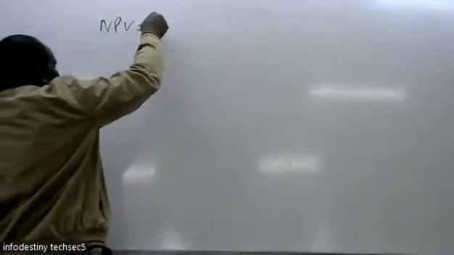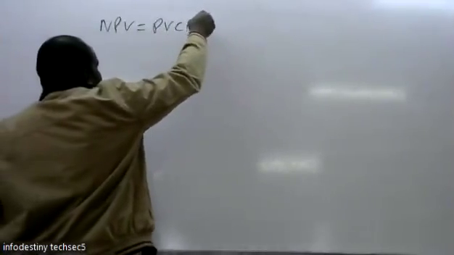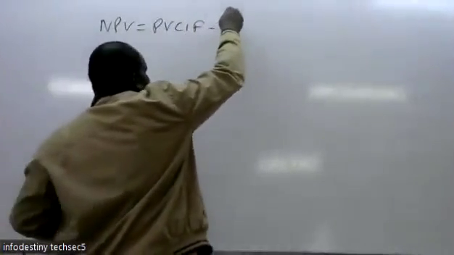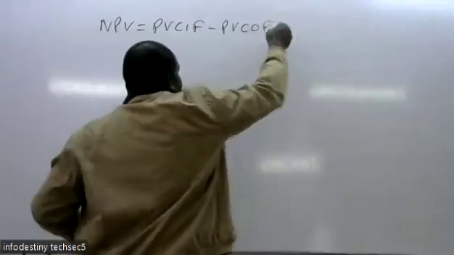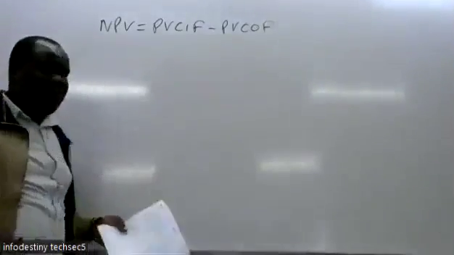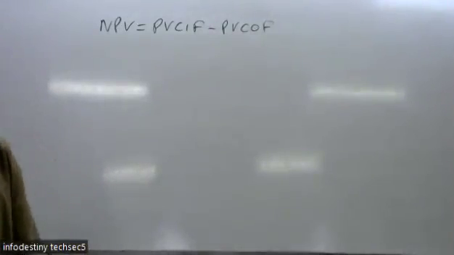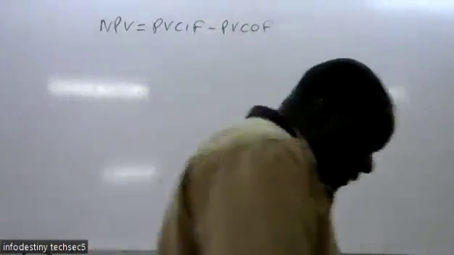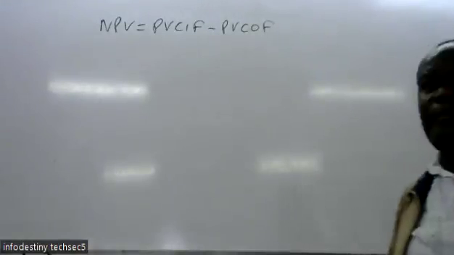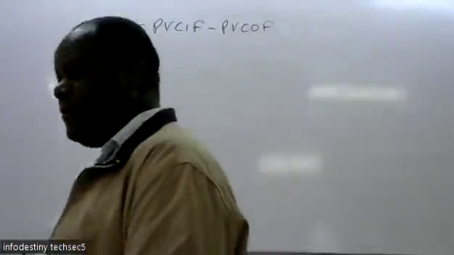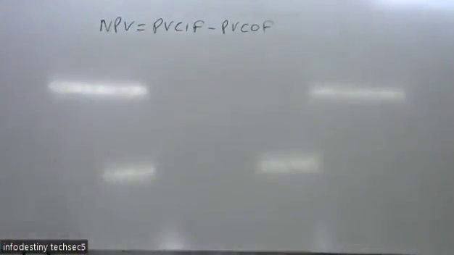So NPV is given by the present value of the cash inflows minus the present value of the cash outflows.